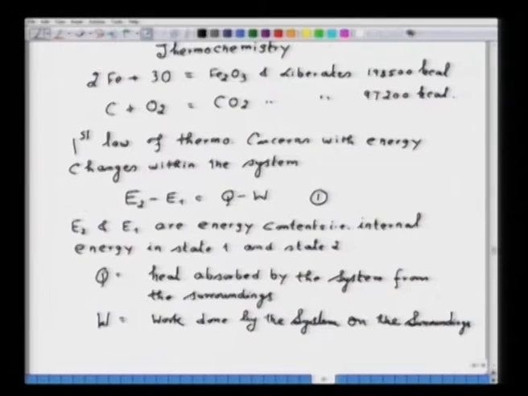This is very simple, and you must have read it very often in your undergraduate course on thermodynamics.